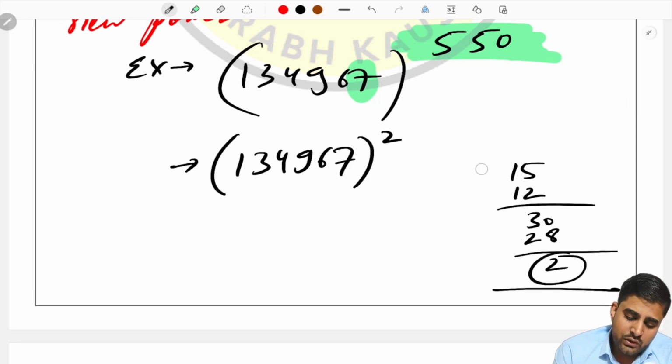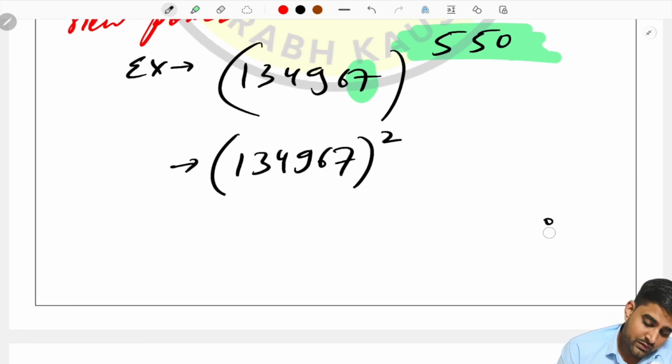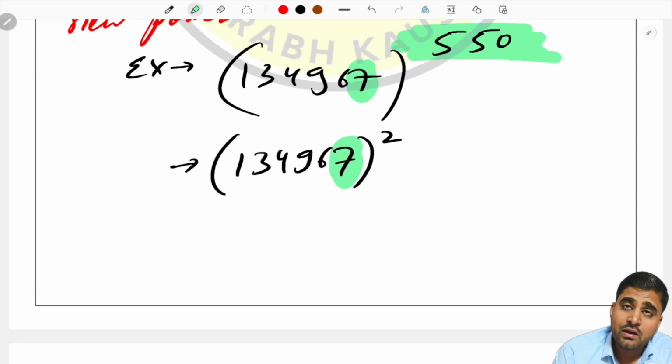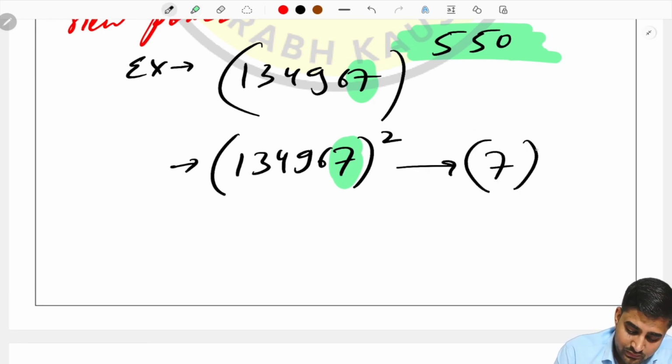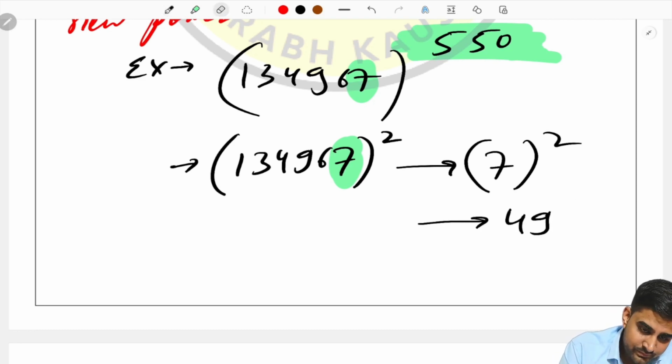Am I going to square 13497? No. We have to square the unit digit. 7 squared is 49. So the unit digit is 9.